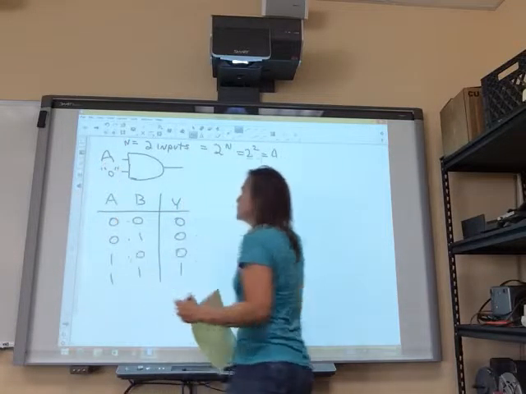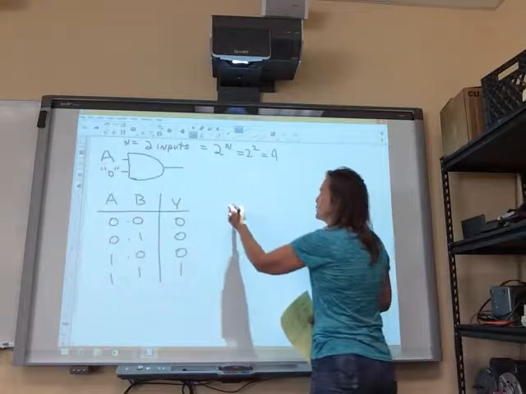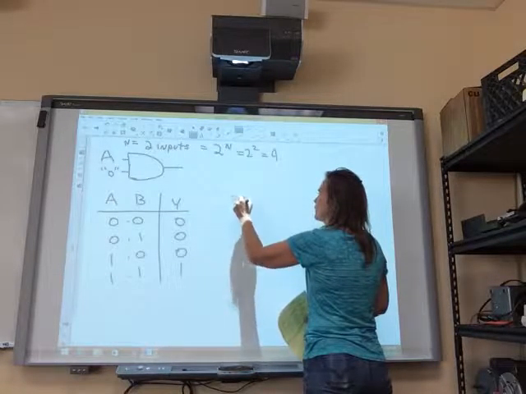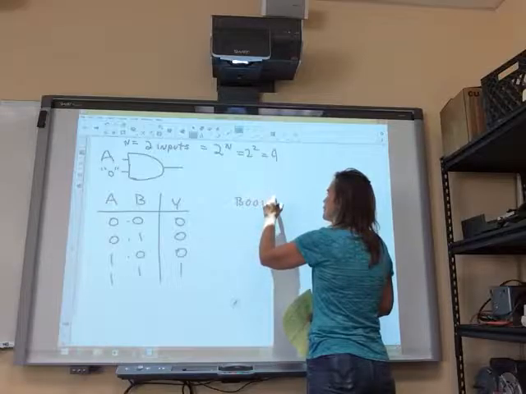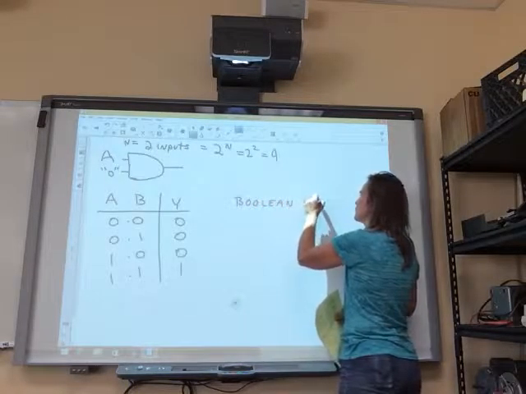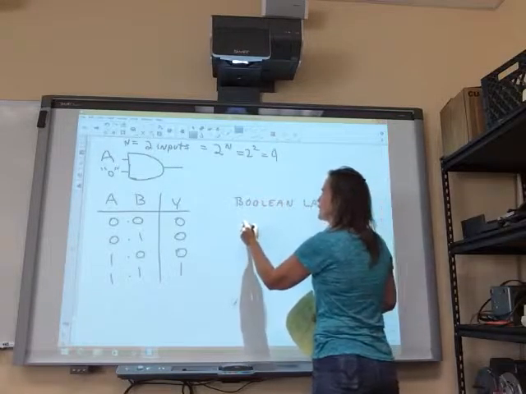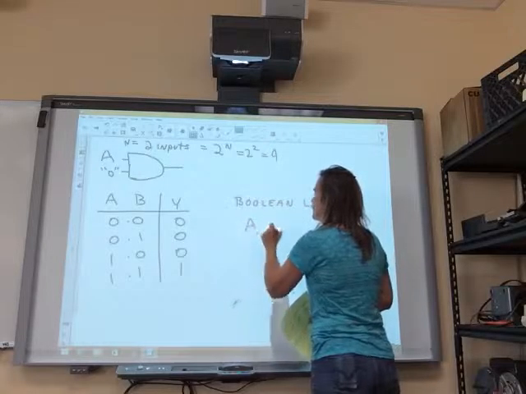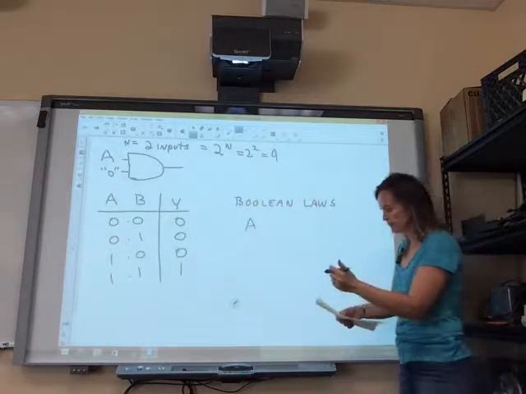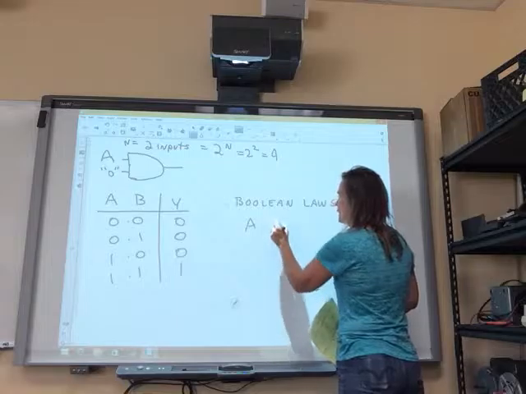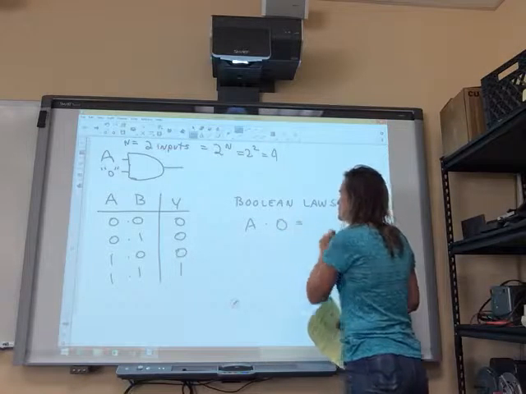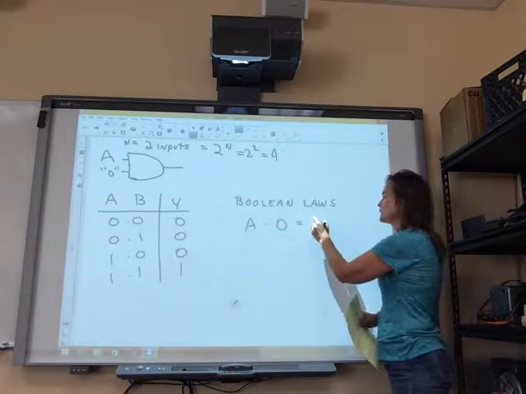We're going to give it a 0 input. So here are our Boolean laws: A and 0, the result is always going to be 0.